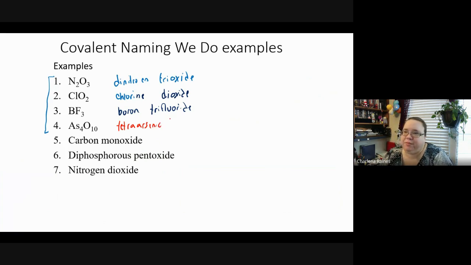You can drop the double A if you want. I've seen it written both ways. I keep it. But tetraarsenic, deca, oxide. Or technically for O, they usually drop that double letter, so it's decoxide. But close enough. Again, little spelling issues, not a big deal.